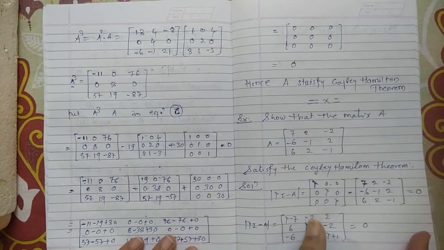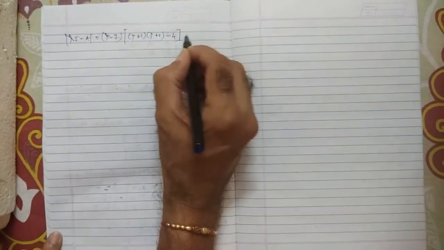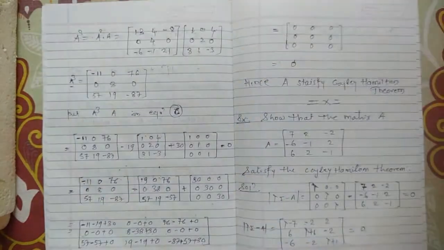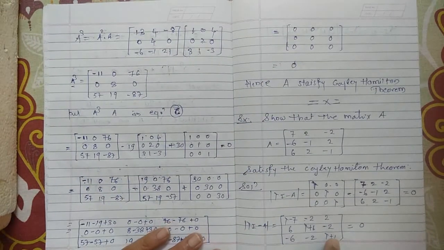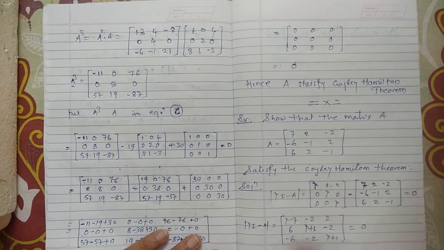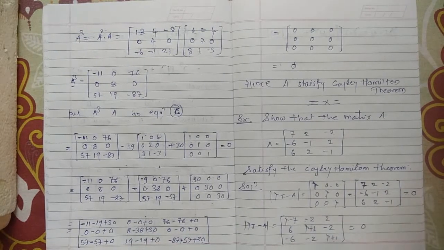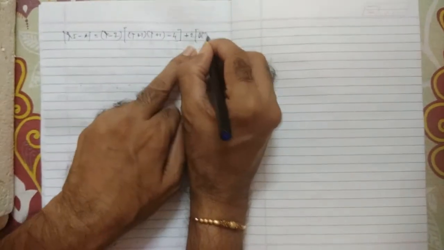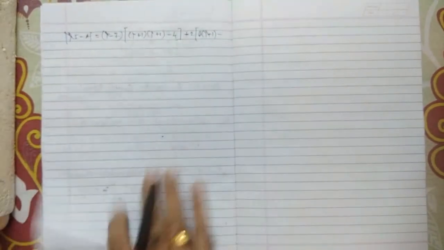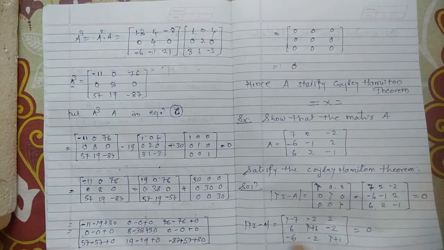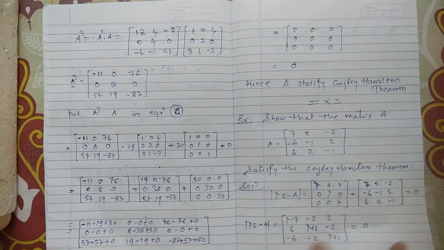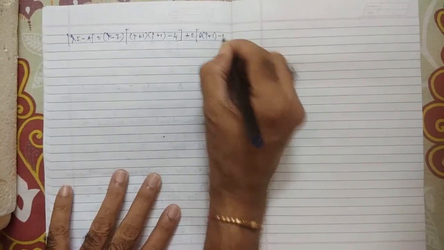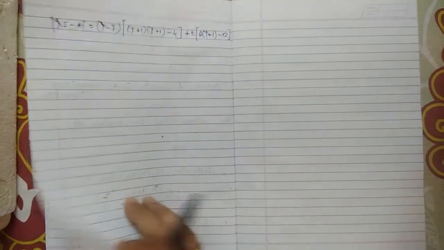Then minus 2 becomes plus 2 in bracket, so this is 6 into lambda plus 1, and minus 12 means plus 12, so 6 into lambda plus 1 minus 12.